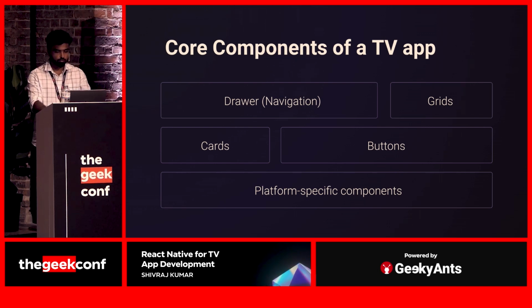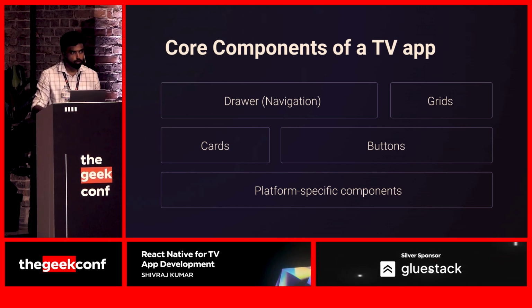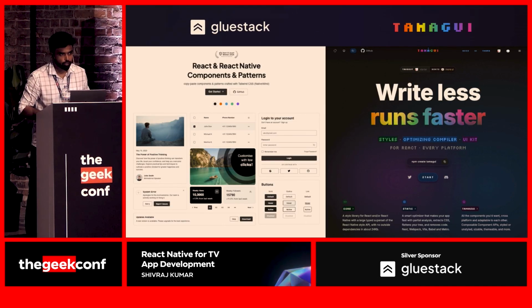And then there are obviously the buttons, which are for interaction and selections. Also, there could be some platform-specific components, which we can use as native components, like a video player or audio player. Most of these components are basically UI components, right?